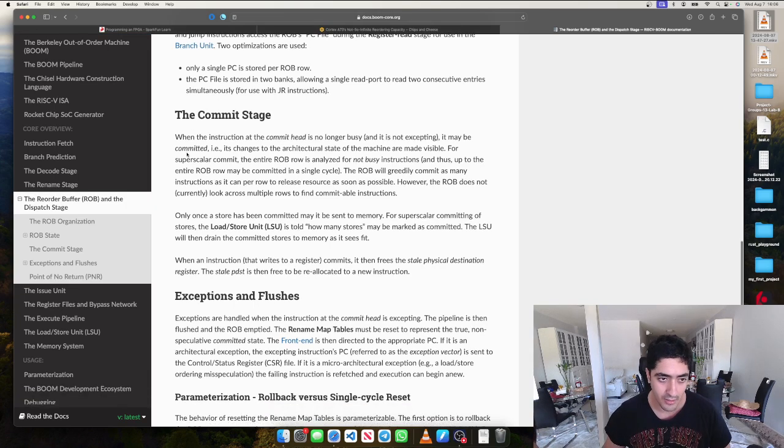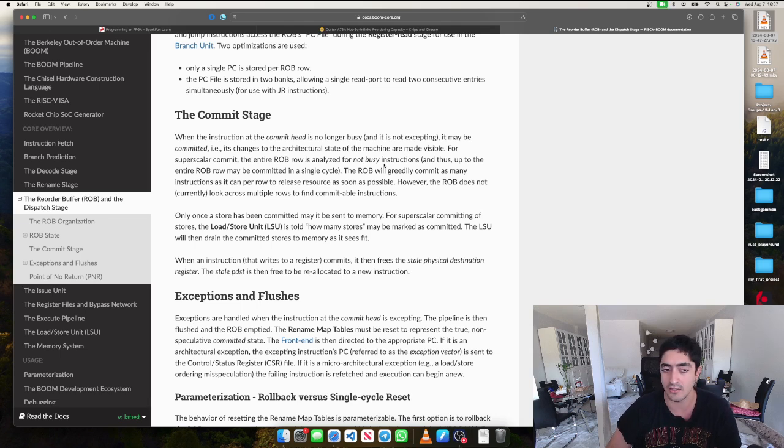Alright, when the instruction at the commit head is no longer busy and it is not excepting, it may be committed. Its changes to the architectural state of the machine are made visible. For superscalar commit, the entire ROB row is analyzed for not busy instructions, and thus up to the entire ROB row may be committed in a single cycle. The ROB will greedily commit as many instructions as it can per row to release resources as soon as possible.